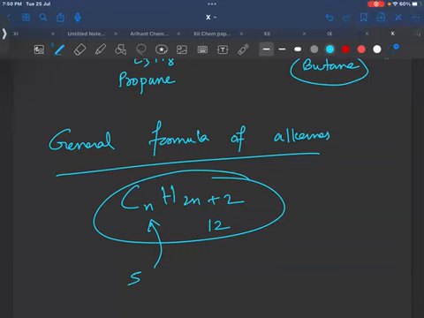There are some rules set by IUPAC where whenever you have one carbon atom, you have to use the word meth. Whenever you have two carbon atoms, you have to use eth. Whenever you have three carbon atoms, you have to use prop.